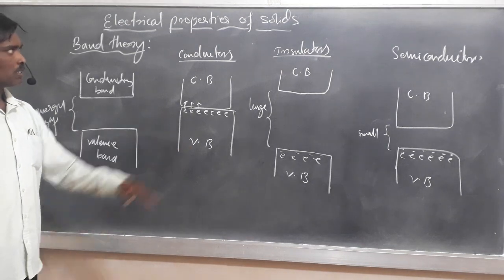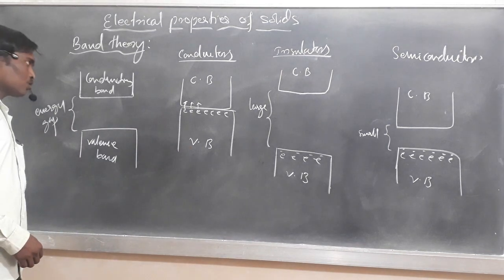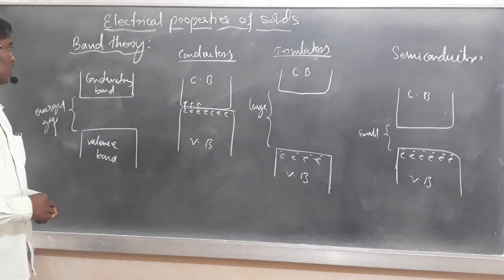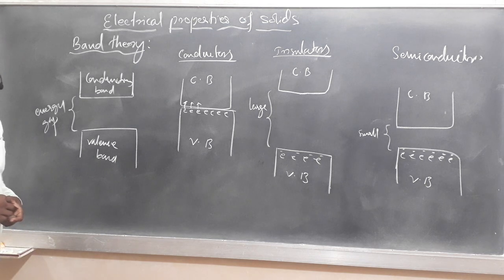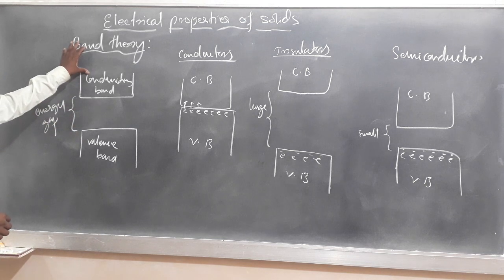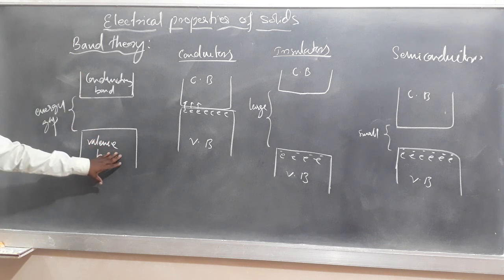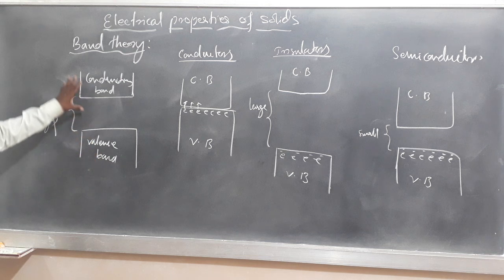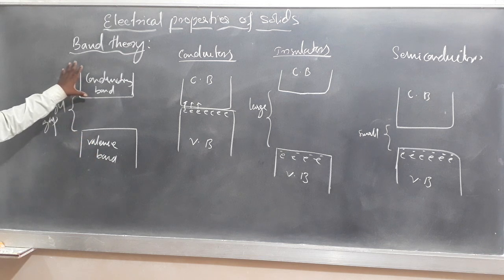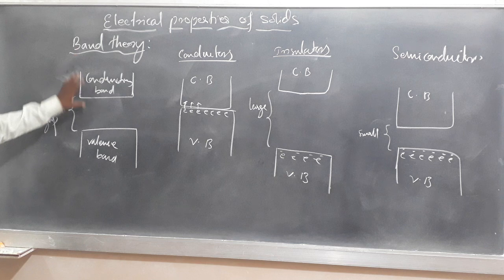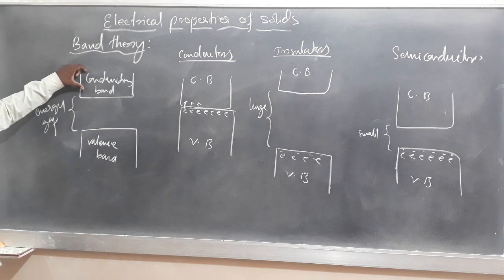So like that we can explain these types of solids based on band theory. Let me repeat once again, students, the band theory. Band theory means there are two bands. One is the orbital containing valence electrons, which we call the valence band, and another is the vacant orbitals, which is the conduction band.